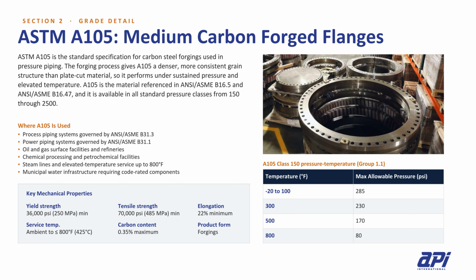Pressure and temperature limits are determined by the applicable ASME standards and pressure classes. A105's pressure rating is not fixed. A Class 150 flange falls from about 285 psi near ambient temperature to roughly 80 psi at 800 degrees, because steel loses strength as it heats up.